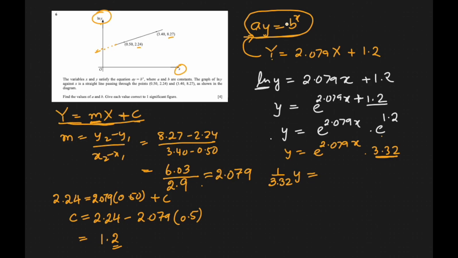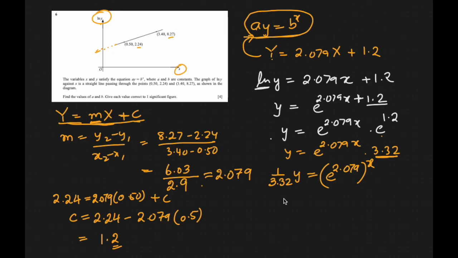Now we want just a number b to the power x. X is already here. We can evaluate e to the power 2.079 and give it a power x. Ultimately 2.079 and x will multiply also, but we want this to be one number. So I will write e to the power 2.079 in my calculator, which gives me 7.996, which is 8.